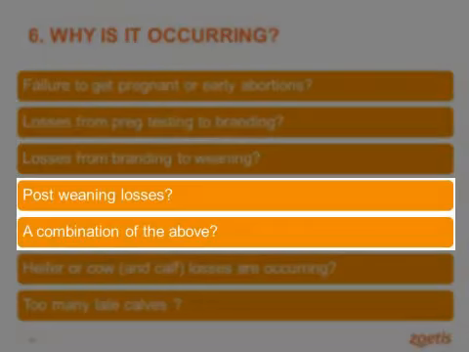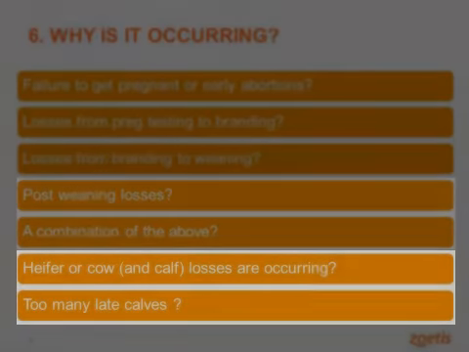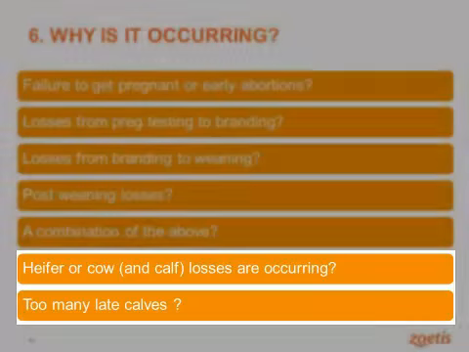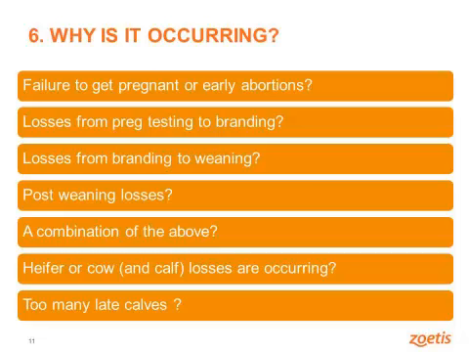Post-weaning losses, a combination of the above. Losses in heifers or cows. If you lose the cow, you'll also lose the calf. So are those sort of losses occurring? Do you have too many late calves? Each of those identifiable syndromes has a relatively narrow range of potential and common causes that we can focus on ruling in or ruling out.